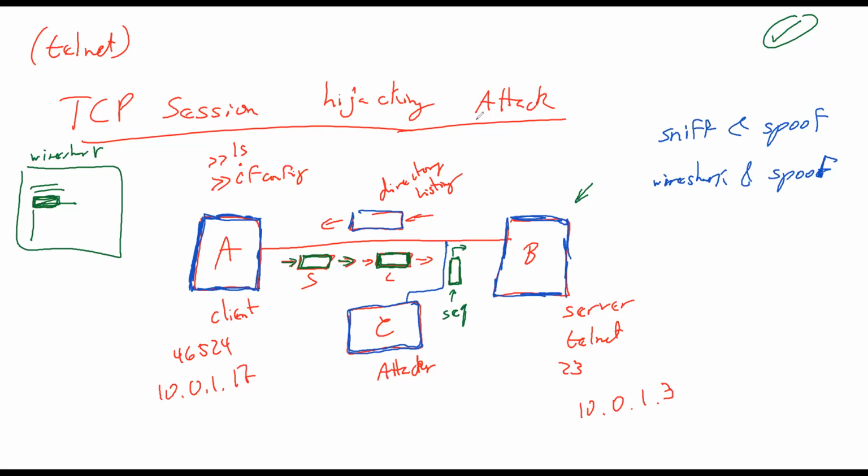Some people wrote in the chat. One of the things I want you to figure out is which sequence number to use. Usually Wireshark will tell you the next sequence number, which is something to look at for sure, because Wireshark is helping you figure out the next sequence number that's being expected.